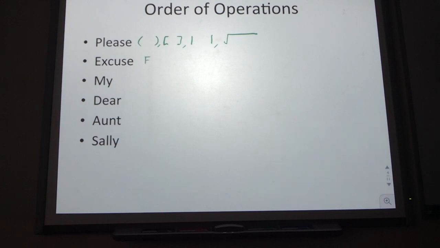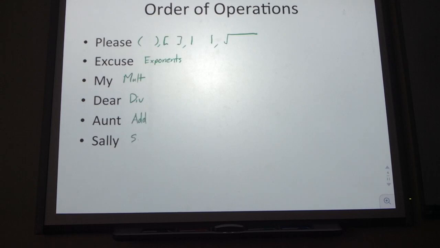Okay? Up next is excuse, the E. Exponents. M. Multiplication. That means that the D stands for division. Aunt. Add.